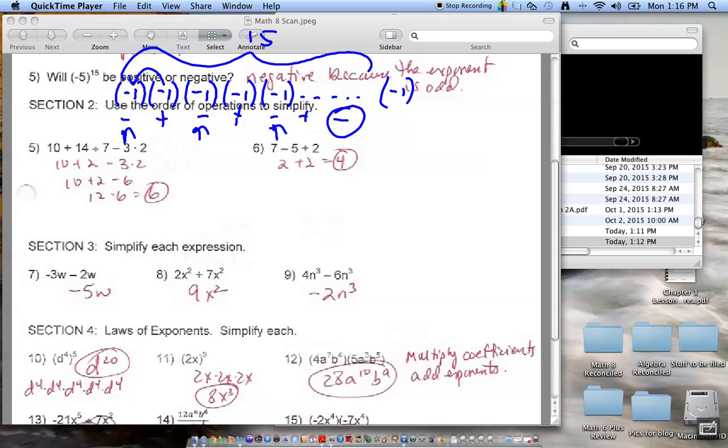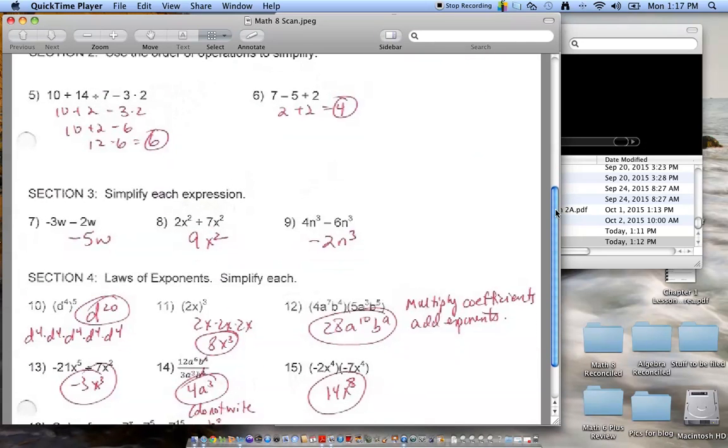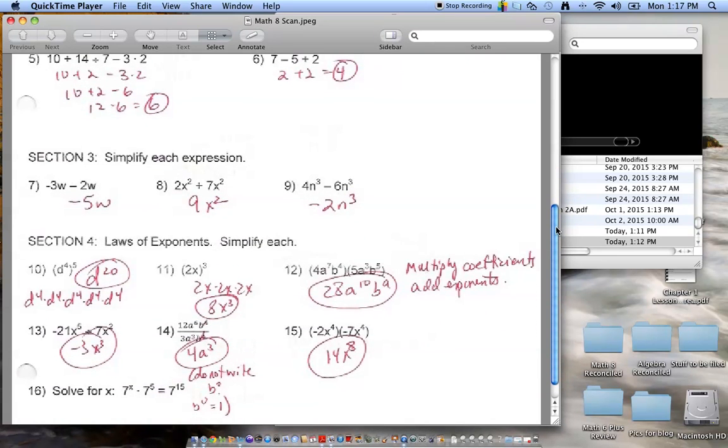Okay. Let's now take a look at the second number 5, all the way through number 9. It's Tylenol. Got a headache.